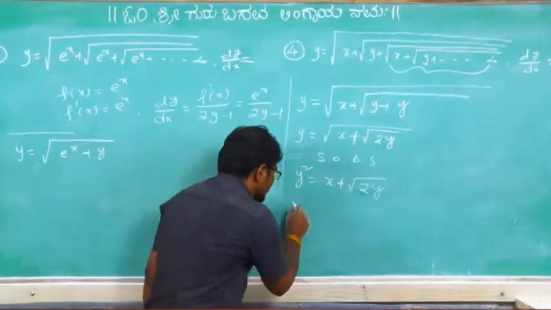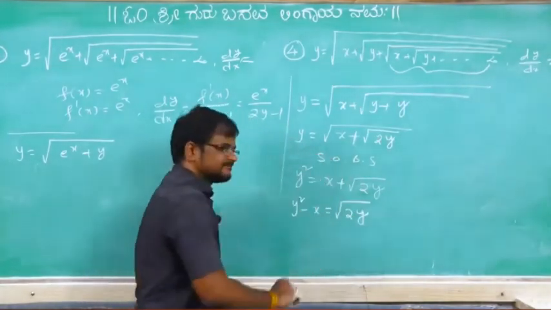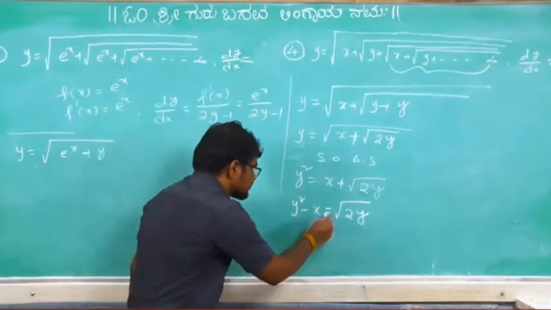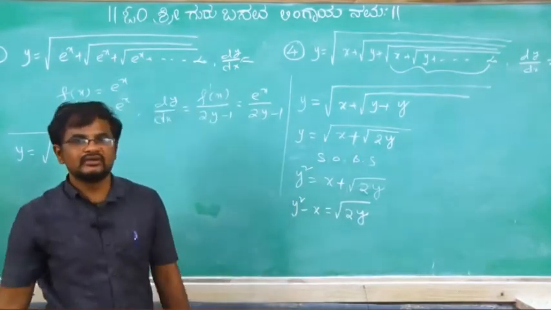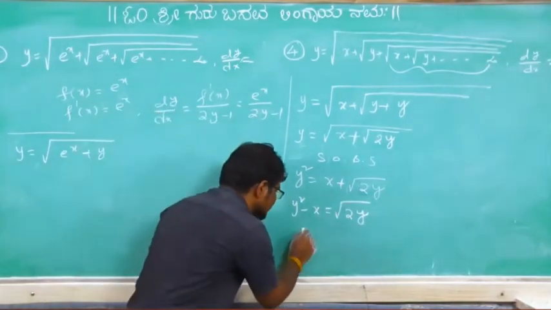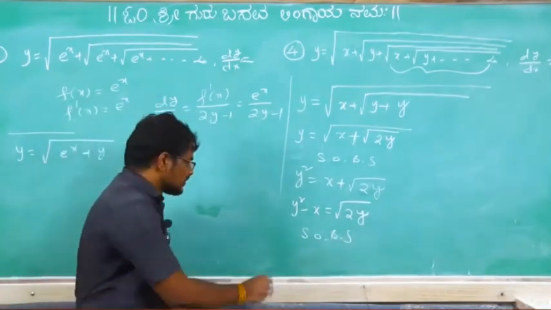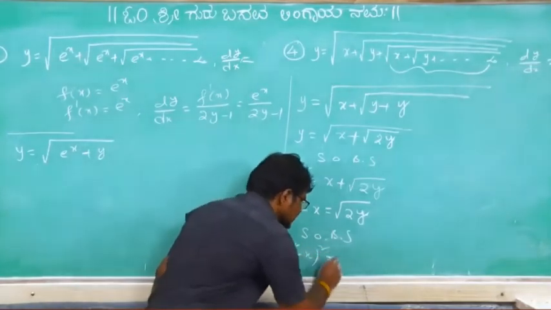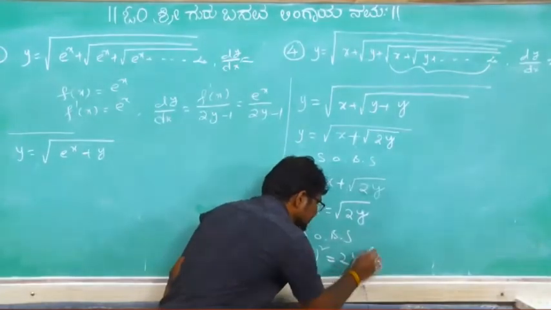Now y square minus x equals root 2y. Now again I want to eliminate this root. What we have to do? Again squaring on both the sides. So y square minus x whole square equals 2y.